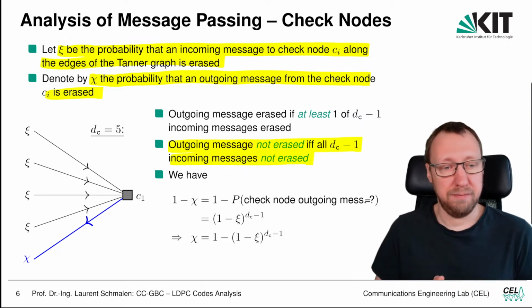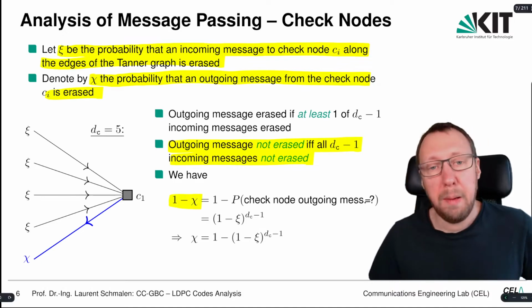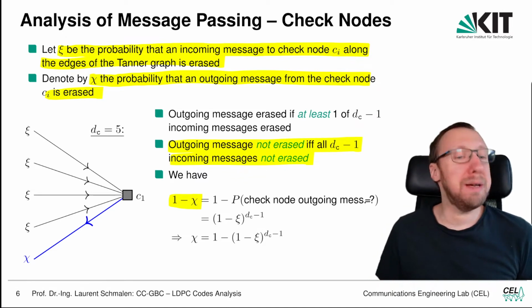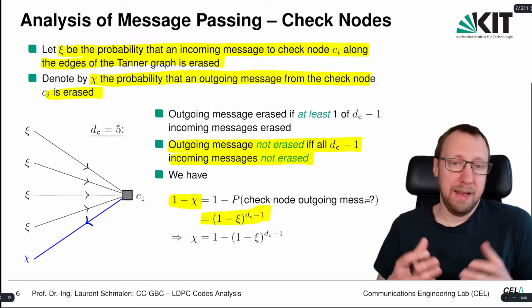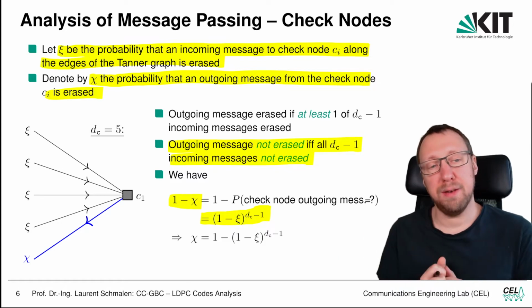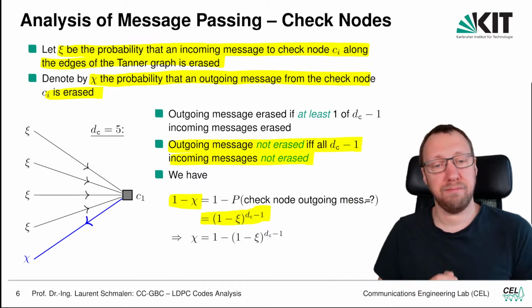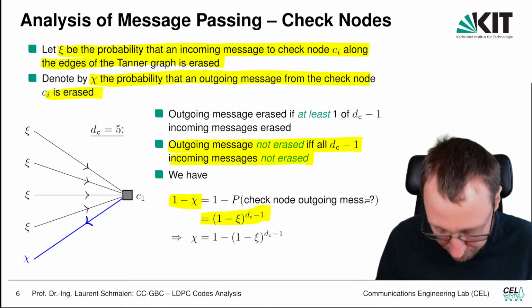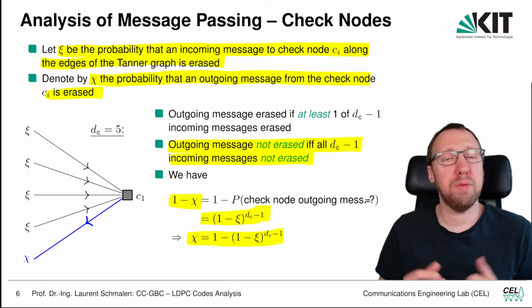So the probability that the outgoing message is not erased, 1 minus chi, and all the incoming messages must not be erased, that is equal to 1 minus xi. Again, we assume the incoming messages are all independent, so we can multiply the probabilities. So it's (1 minus xi) to the power dc-1. And then we just rearrange this equation a tiny little bit, and we get chi is equal to 1 minus (1 minus xi) to the power dc-1.